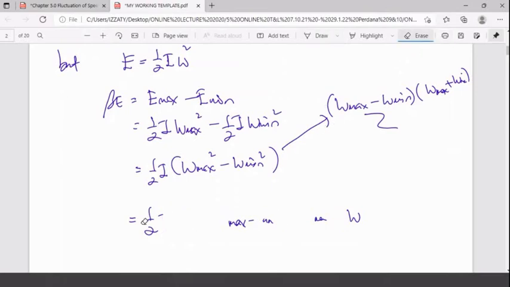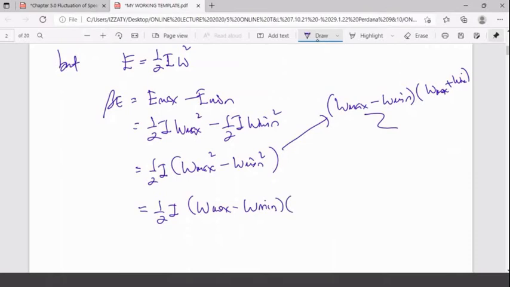Let me clear this one, it is not correct, class. I supposed to simplify. Now I'm going to put everything in the equation. It's supposed to be half I, which is correct, and then omega max minus omega min multiplied by omega max plus omega min.